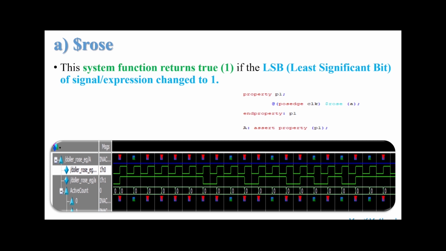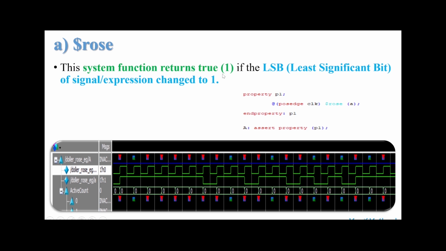Let me explain each system function one by one with the help of sample code and sample waveform. As you can see, the $rose system function returns true or 1 if the least significant bit of the signal or expression changed to 1. So if the signal changes to 1, this system function will return 1.